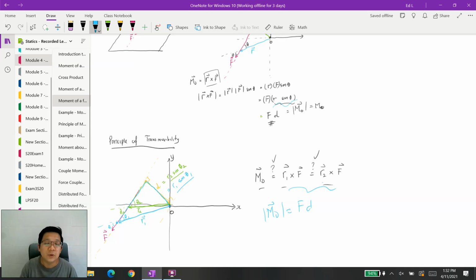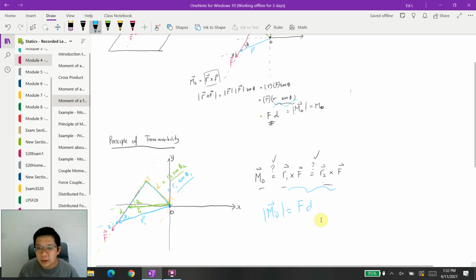That's what we call the principle of transmissibility. So no matter what R you're choosing, it's going to give you the same moment when you're calculating it using this cross product method.